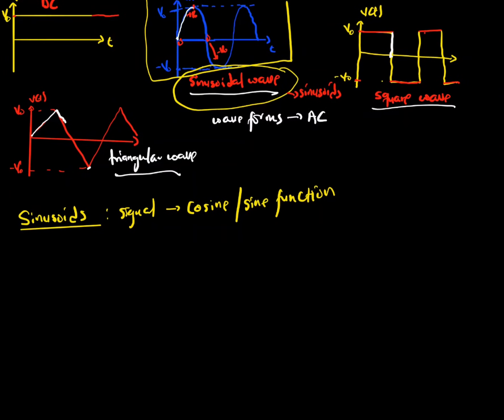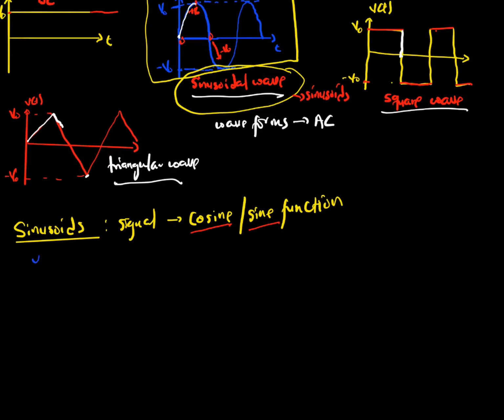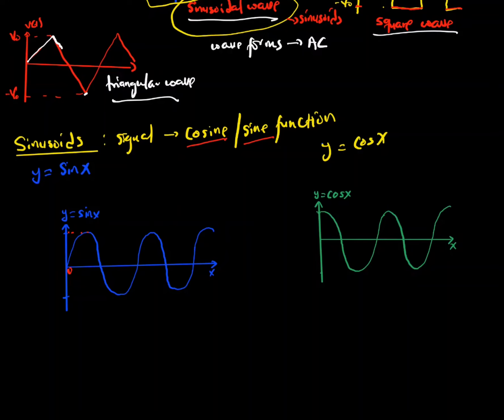I'm sure you know what the sine and cosine functions are, but let's take a brief look at the sine and cosine waveforms, how they look. If you have y equals sine of x and y equals cos x, how do these functions look? As you can see, all these waveforms are alternating.